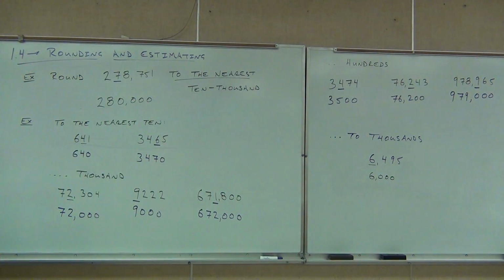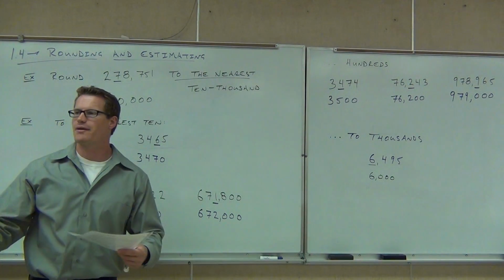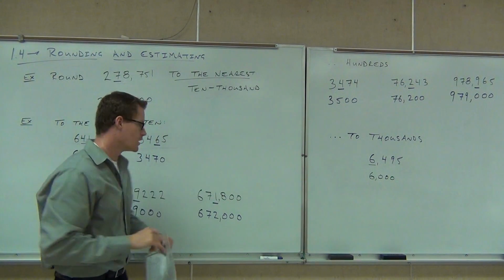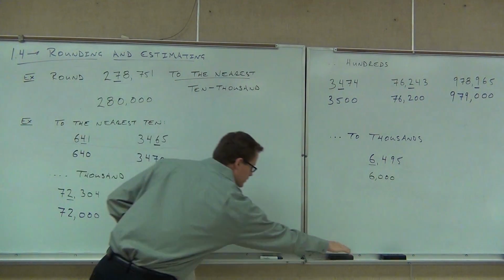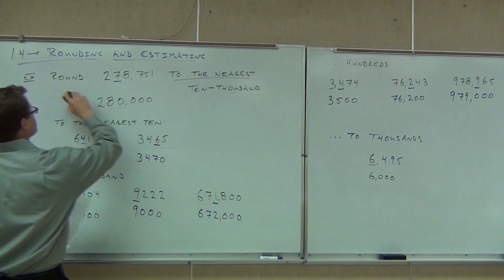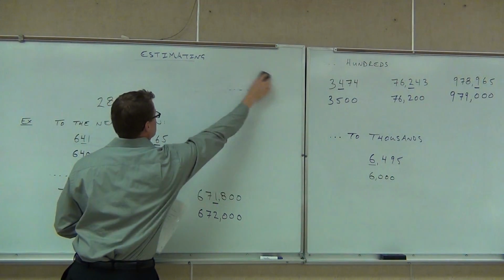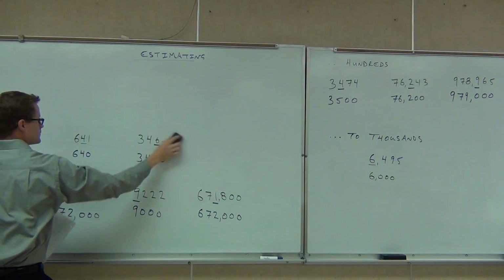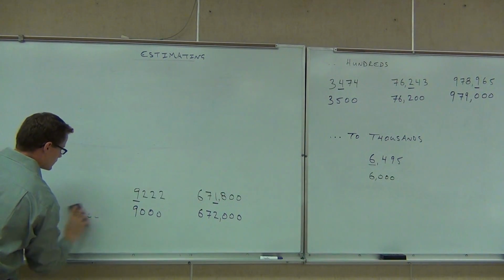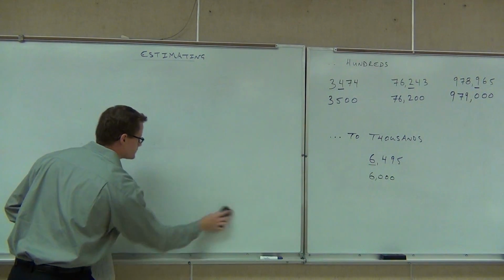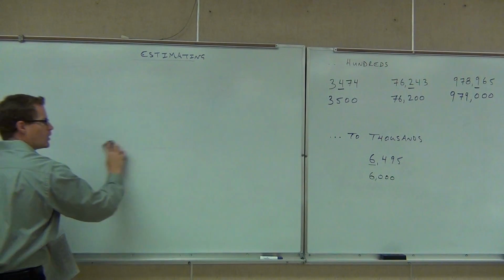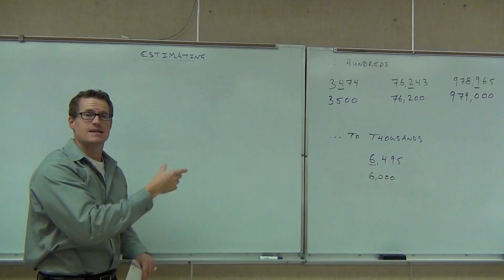Now, how we use rounding oftentimes is to estimate. And this is the way you do math quickly if you don't have to be so specific. So we'll take a moment, just a moment, to go over some estimating. There's really only one thing you need to know about estimating, and that's how to round.